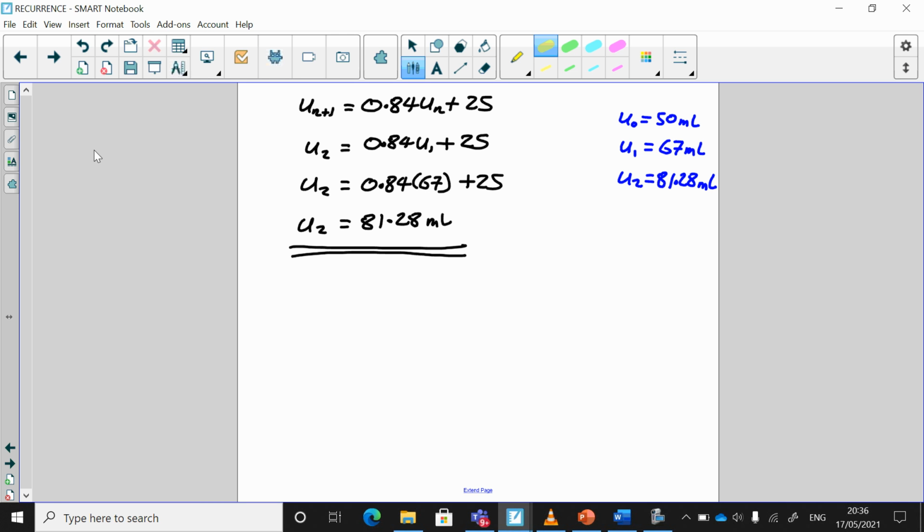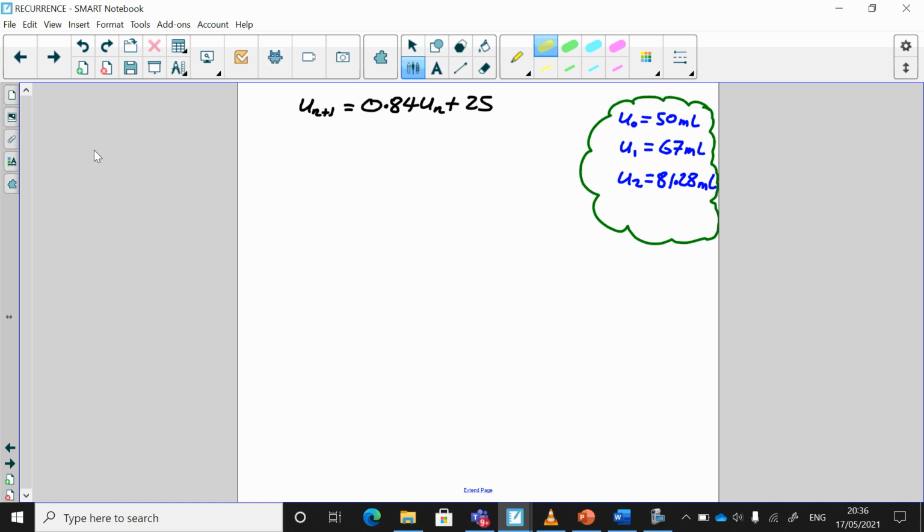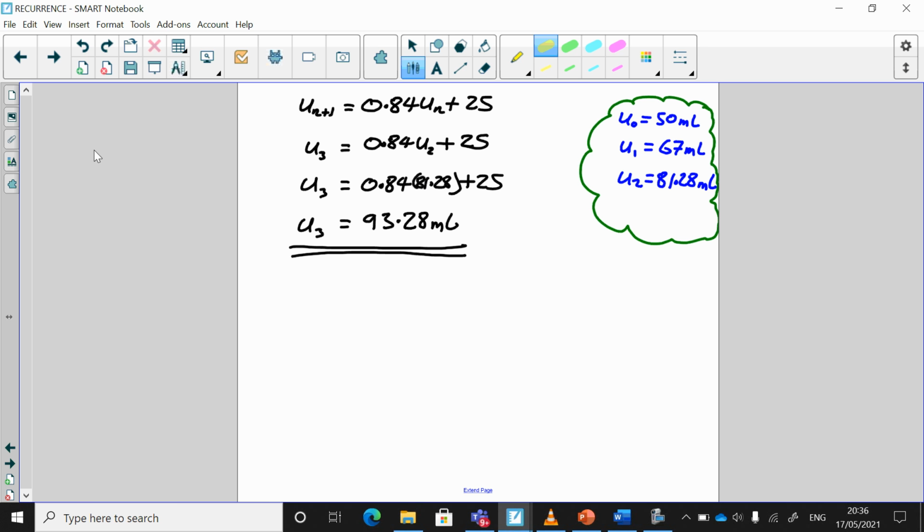Okay, so we've only got one further calculation here. That's at the end of the 3rd day, U3. Take 81.28, put it in there, and go and get an answer. 93.28. So we went 50, 67, 81.28, 93.28.